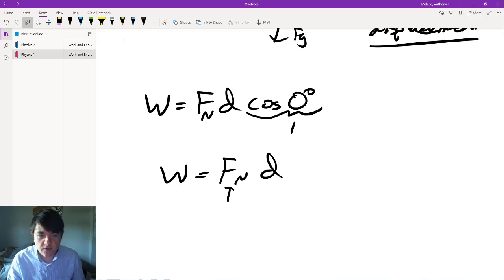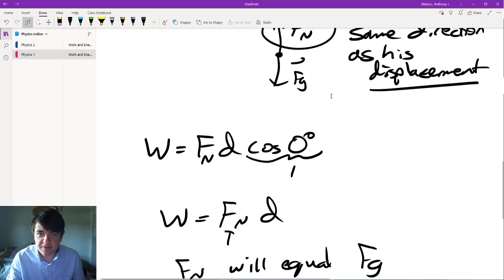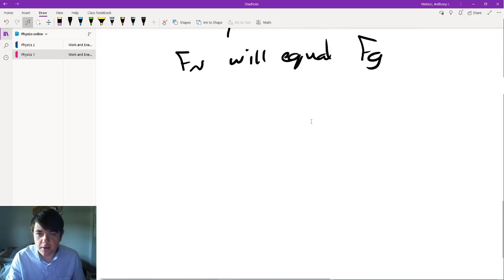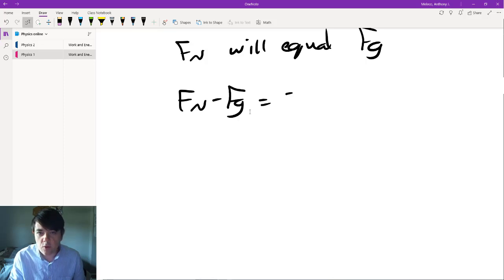Fn equals Fg, because if we look back at this, Fn minus Fg, we usually approximate this as 0 because he's moving at constant velocity. Remember, constant velocity means 0 acceleration.